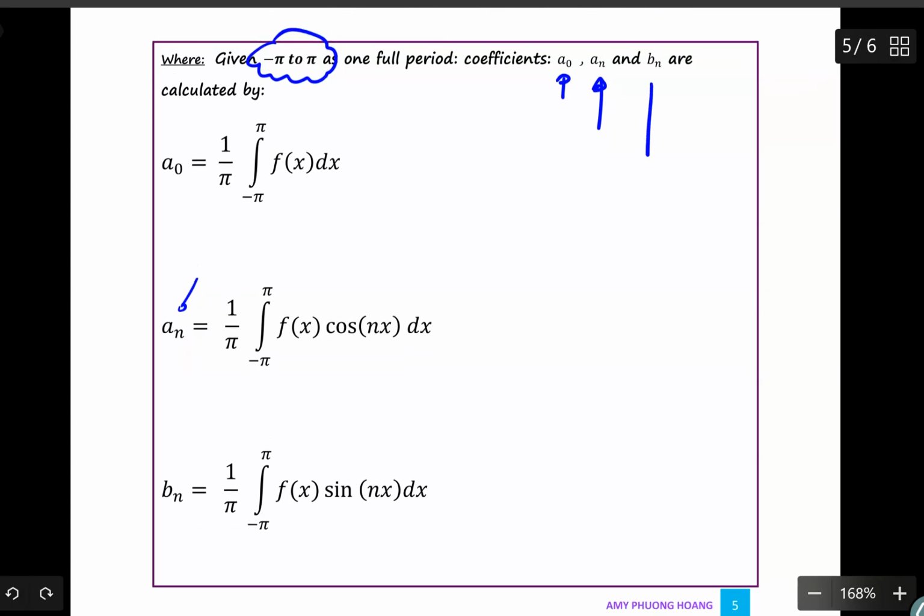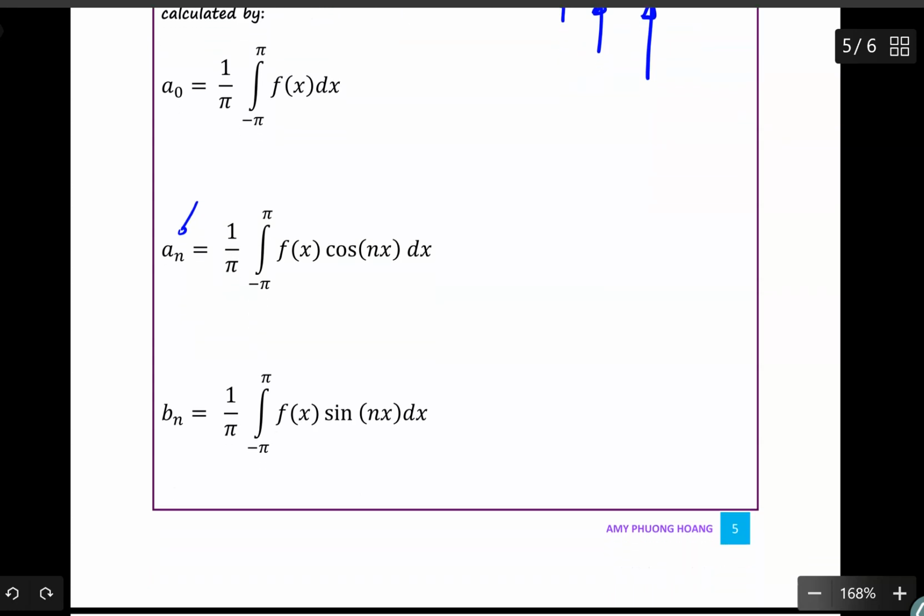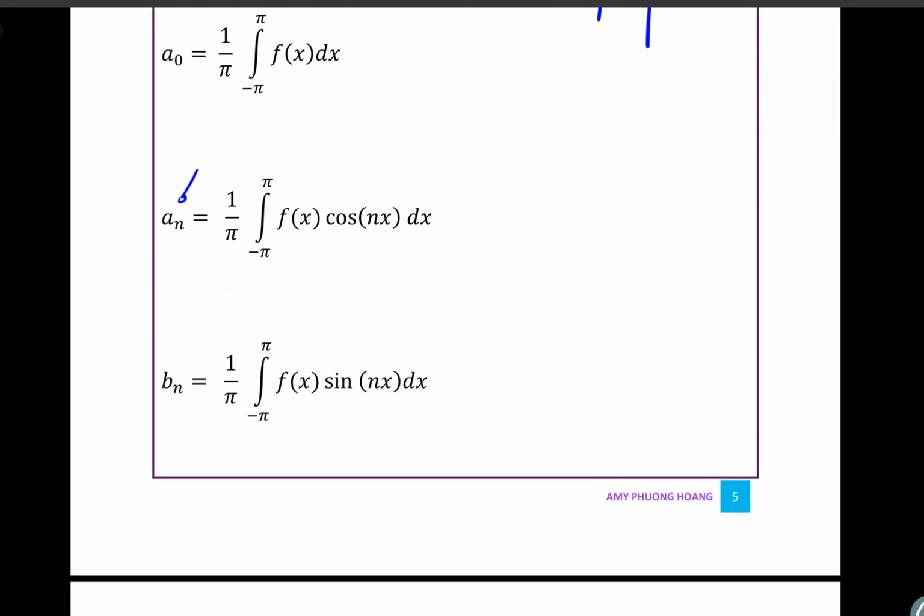To calculate bn, which is the Fourier coefficient, you multiply the integral with 1 over pi again, evaluated from negative pi to pi of f(x). This time you multiply by sine of nx as the argument, and that's why you put dx.